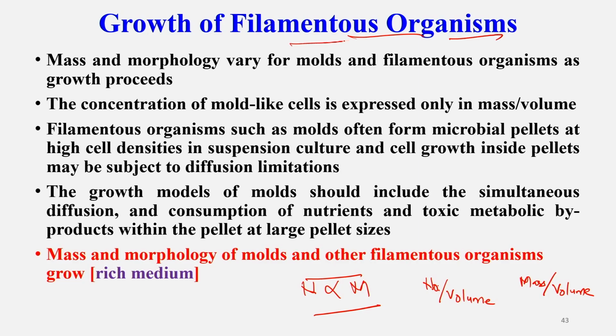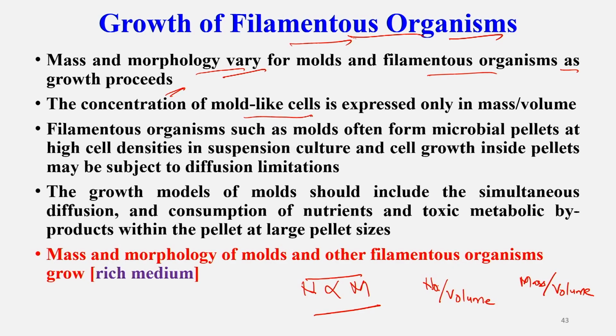Now, when you want to see how you can model the growth of filamentous organisms, the mass and morphology vary for the mold and filamentous organisms as growth proceeds. So, once the morphology is changing, then again weight will change. It is not necessary that weight will change only based on the number. Based on the morphology also mass will change.